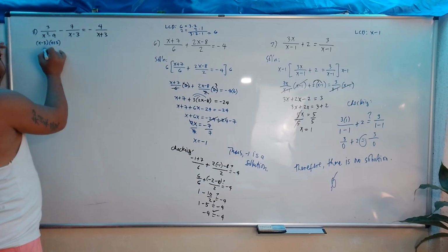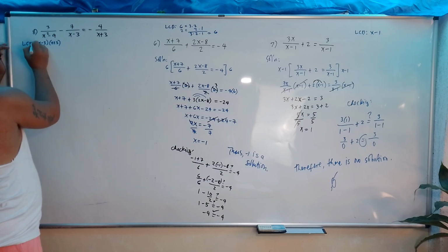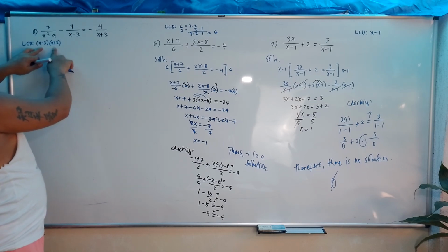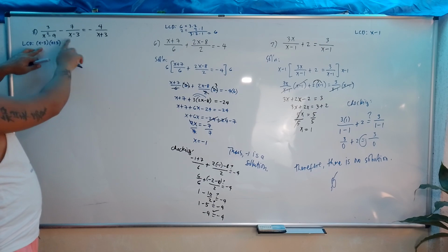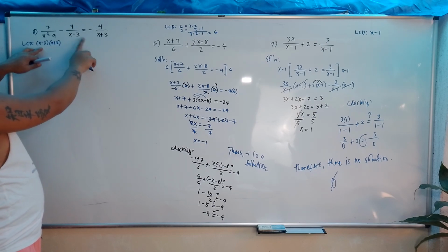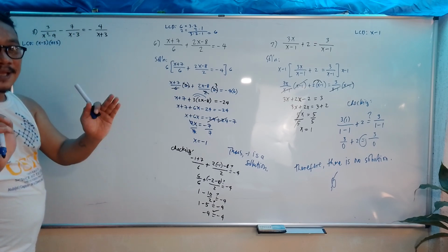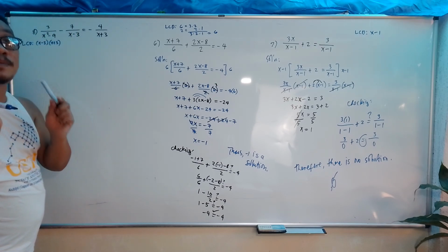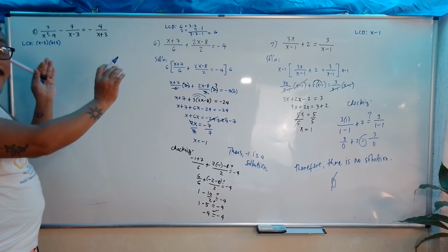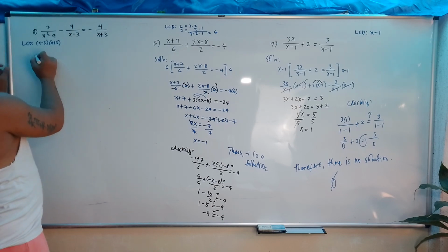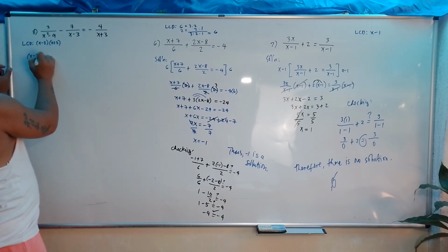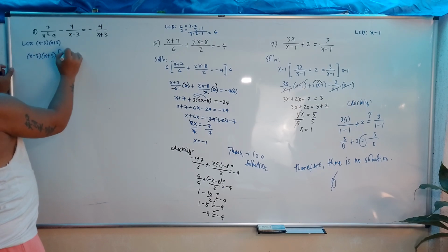So, meaning to say, this is our LCD: x minus 3 times x plus 3. Okay, the common factors x minus 3 and x plus 3 appear here. So that is our LCD. The next step is to multiply it to both sides of the equation.